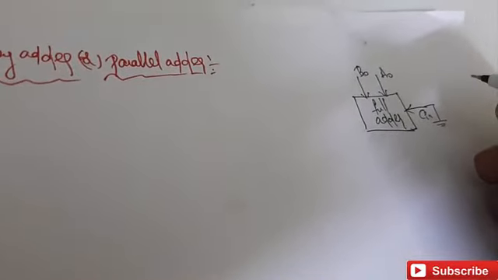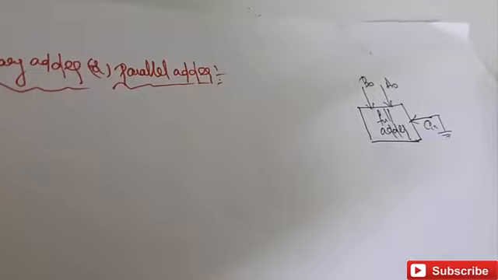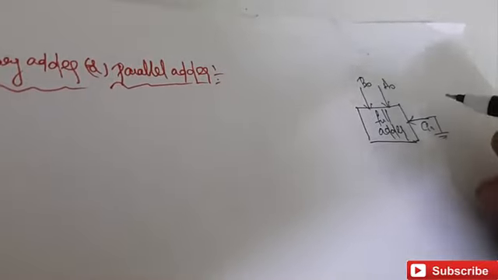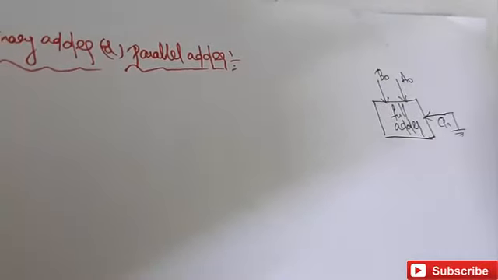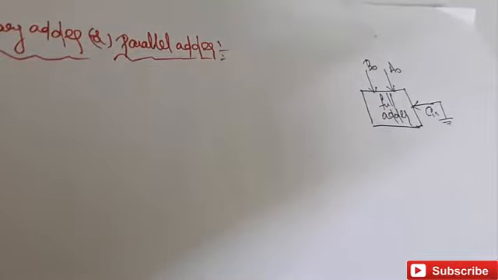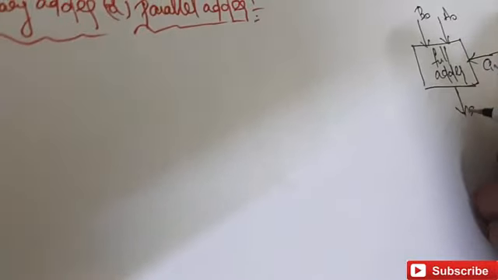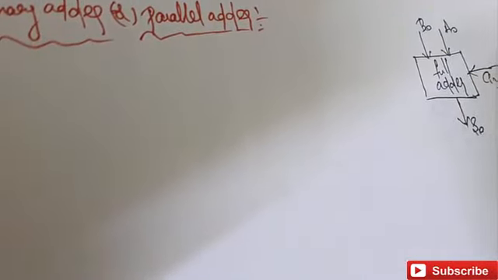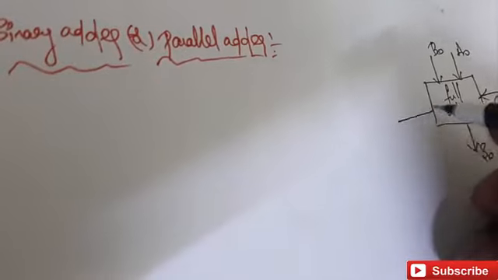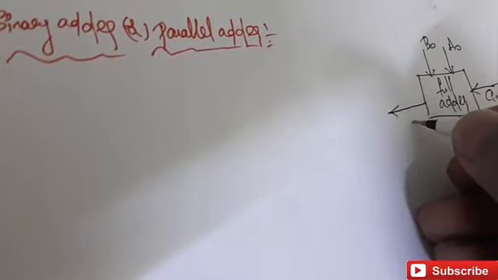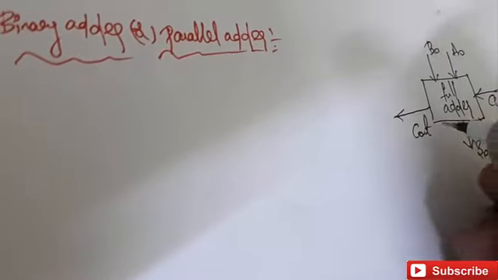If the question gives it as 1, you have to place it as 1 here, or if they don't give anything, you can by default take it as 0 or grounded. Here you will take the S0, and here this will be the C output.